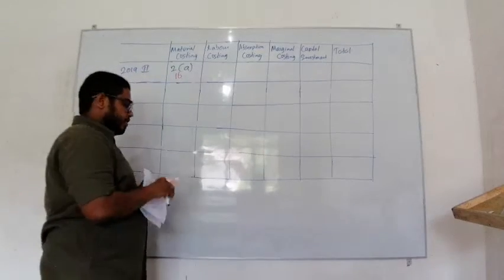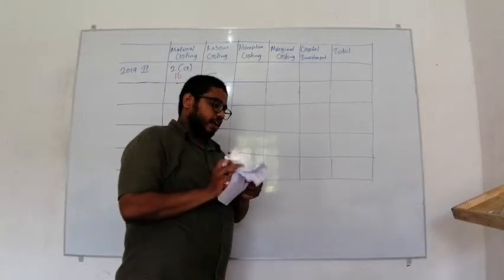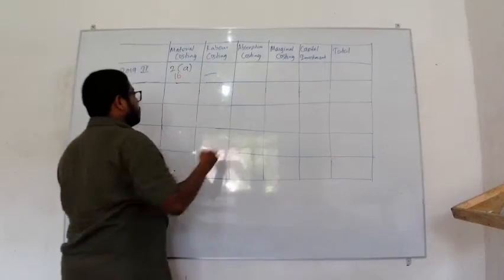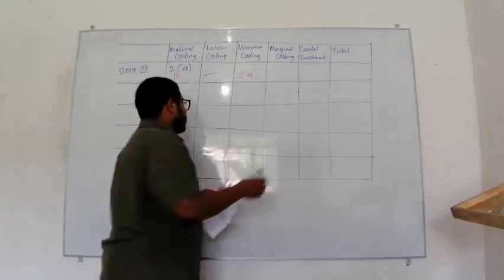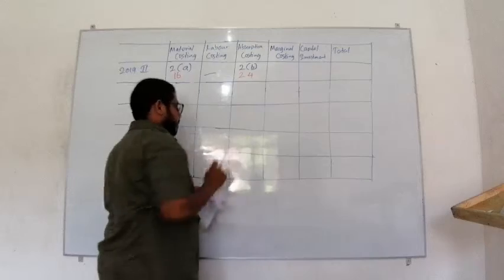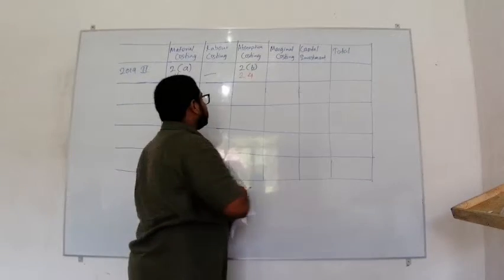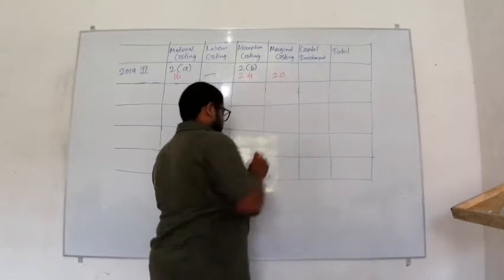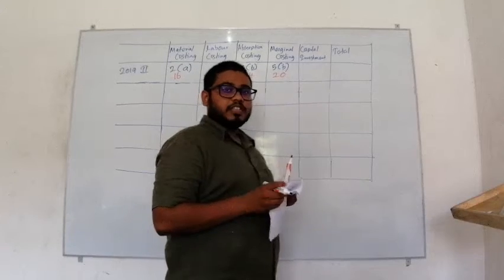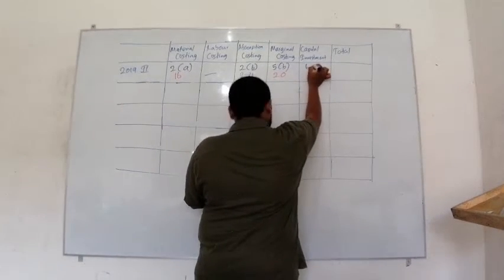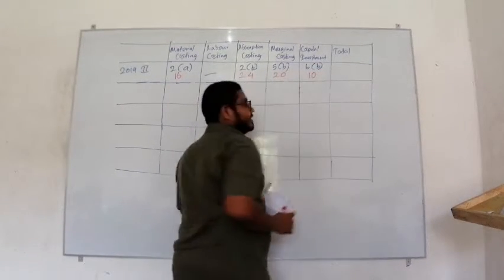However, you will not find any question related to labor costing in the 2019 paper, and you can find a question that carries 24 marks related to absorption costing, which is question number 2, part B. When it comes to marginal costing in the 2019 paper, you will find a question that carries 20 marks, which is question number 5, part B. And for capital investment also, you have one question, question number 6, part B, which carries 10 marks in total.